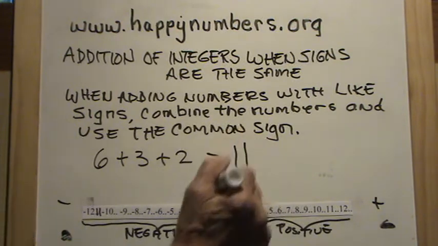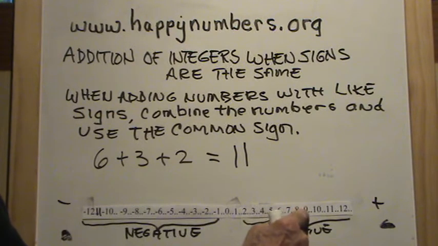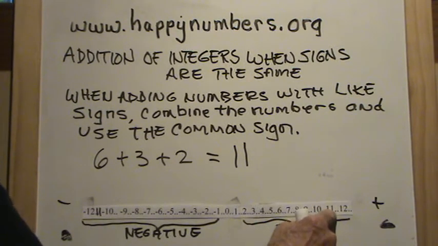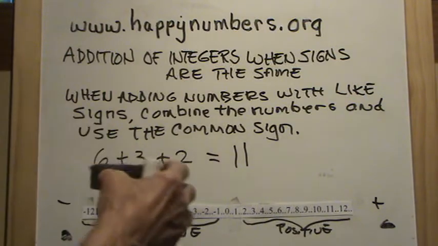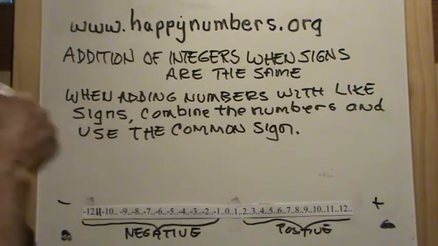And we would have a positive 11, and again we can see it on the number line. 6 and then 1, 2, 3, and then 2 more, and we're at 11. Same as if the problem were written like this.